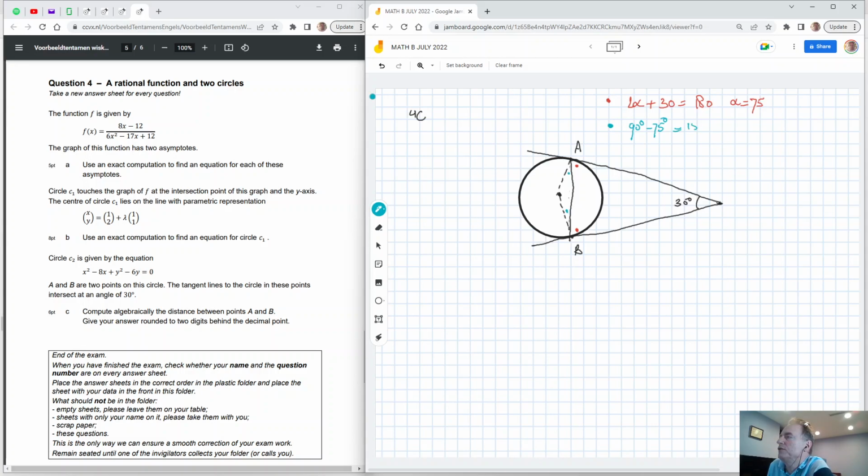So these are 15 degrees. And now we can use that the sum of the angles in the triangle is 180 to figure out this angle here. Well, that is 180 minus 2 times 15, which is 150.